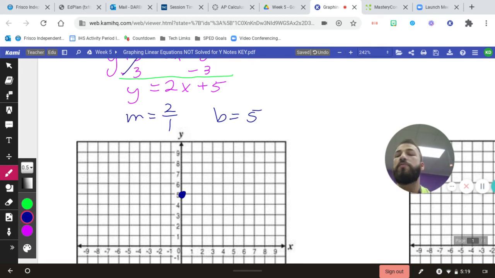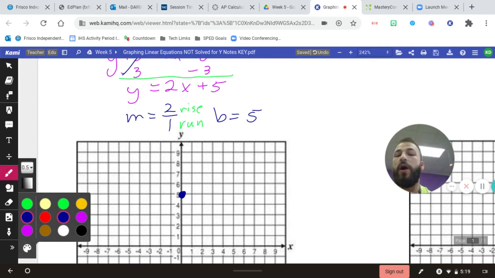So my slope is rise of 2 and run of 1. So I'm going to go up 2, run by 1, and that's where I'm going to put my next point. That's a really fat point, but y'all get the idea.